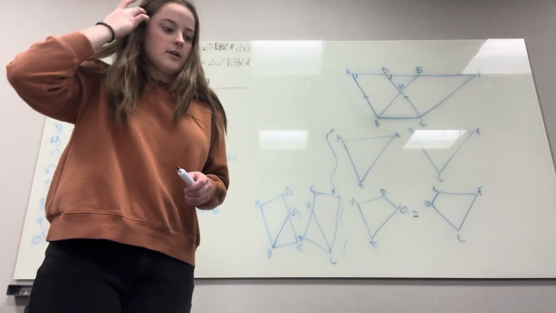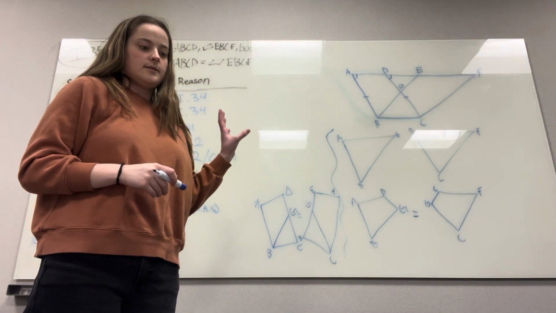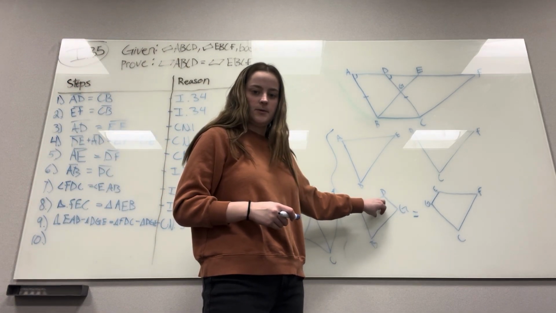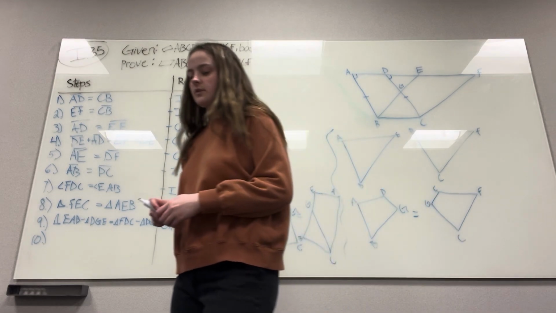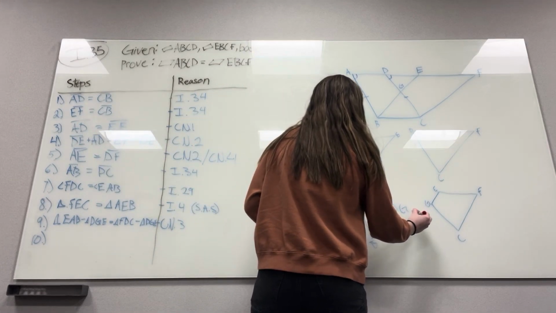So now for step 10, we're going to say ABGD, this shape is going to be equal to this shape that we already pulled out. And so these two are equal.